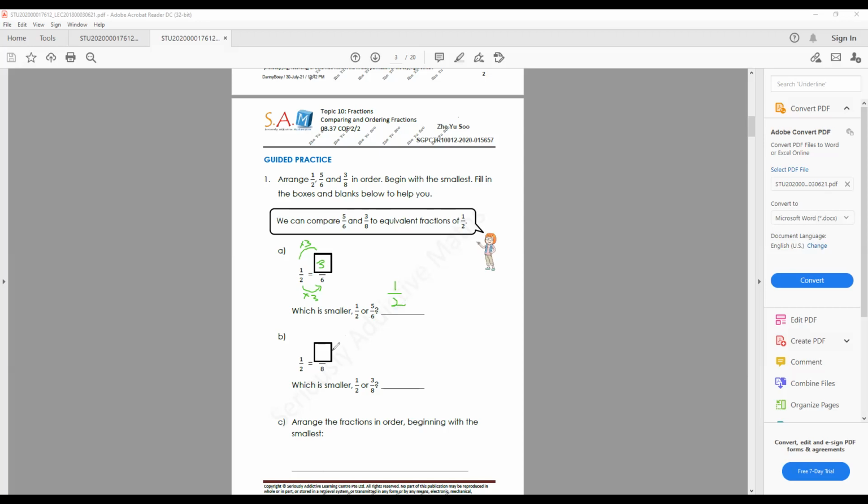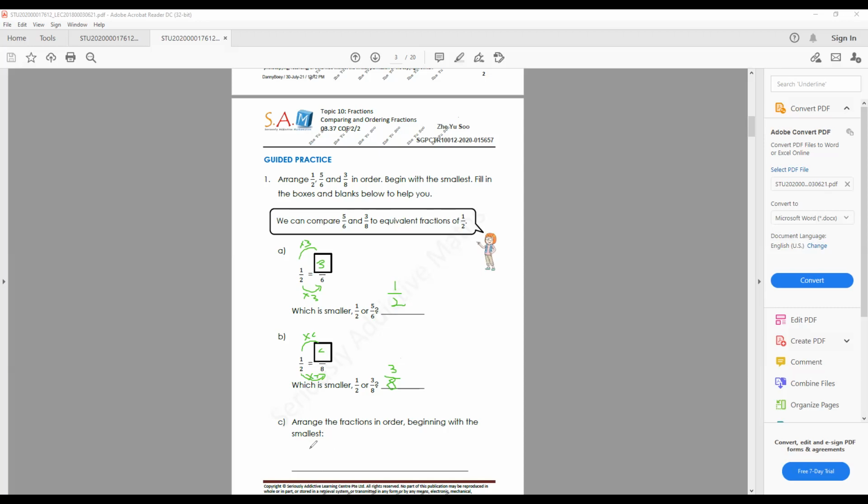All right, next we compare half with 3 out of 8. So let's change the denominator. 2 to 8 is times 4. And the numerator is 4 out of 8. So which is smaller, 4 out of 8 or 3 out of 8? 3 out of 8. Okay, so it seems that 3 out of 8 is the smallest.